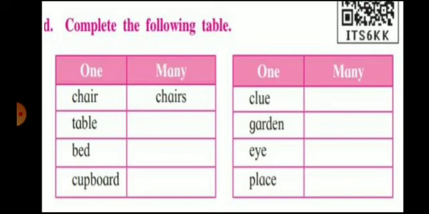Suppose there is one boy, we will say BOY, boy. But if there are more than one boy, we will say BOYS, boys. So we will just add S at the end to make the many of the singular noun too. So one we call a singular noun, and many we call a plural noun.